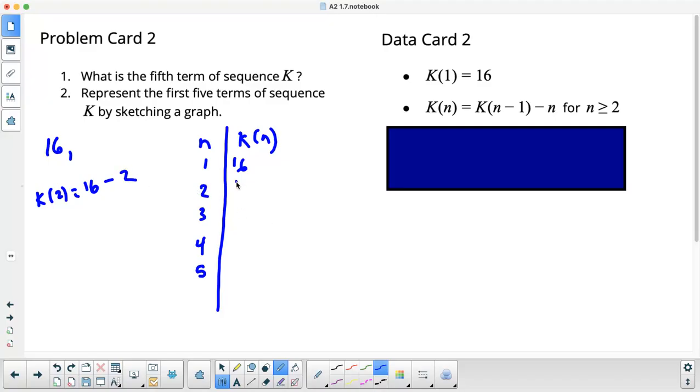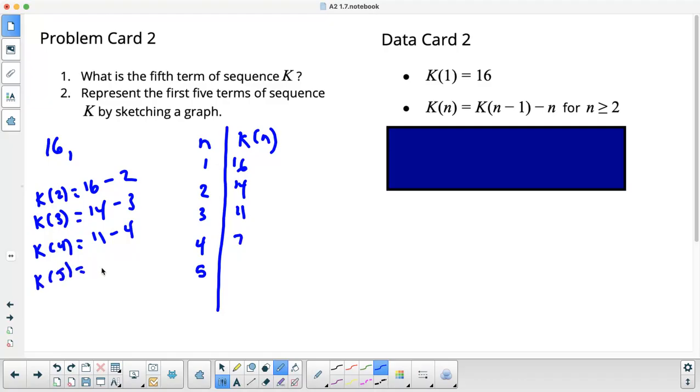So 16 minus 2 is 14. If I wanted to find the third term, I take the previous term, which was 14, and I subtract n. So n would be 3 there for that term. So 14 minus 3 is 11. If I want to find the fourth term, I take the previous term, which was 11, and I subtract n, which would be 4, so that would give me 7.